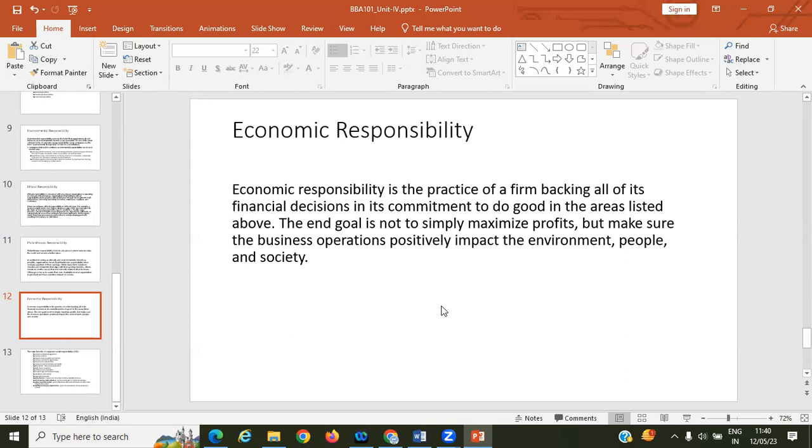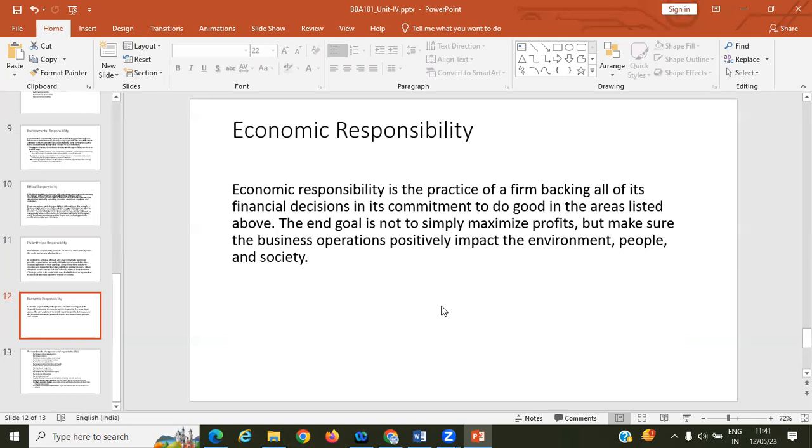So you have to think and project in that direction. The main objective is to increase your economic condition. That is your end goal. The end goal is not to simply maximize the profit, but make sure the business operation positively impacts the environment, people and society.